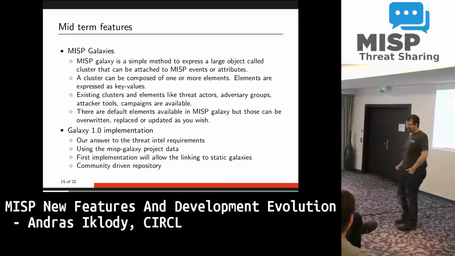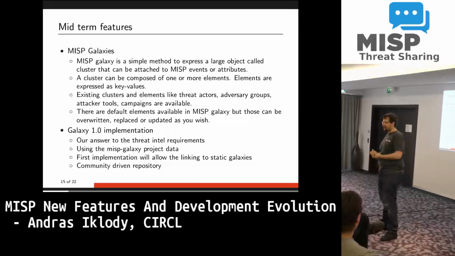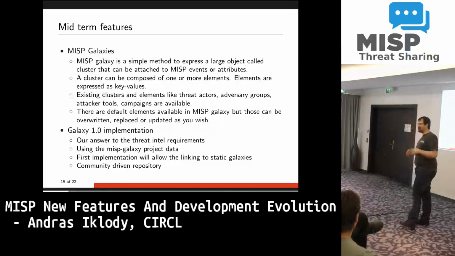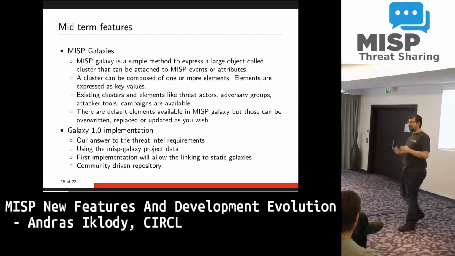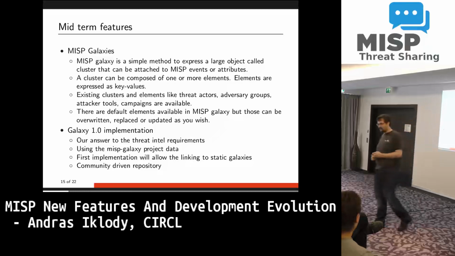Okay, so for the midterm, this is not set yet which version it will come, but expect it soon. One of them is the MISP Galaxies, and this is a pretty big project that's going side by side with MISP that deals with building threat intel based vocabularies and repositories for MISP. So one of the big ones that Alexander is working on is the threat actor repository.